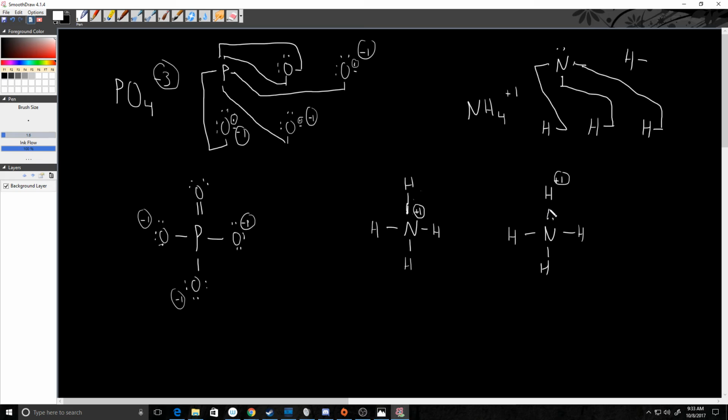Essentially what that nitrogen is doing is temporarily giving one of its electrons to the hydrogen, and then they're each sharing it. Ammonium is kind of interesting this way in that we have 2 forms that work.